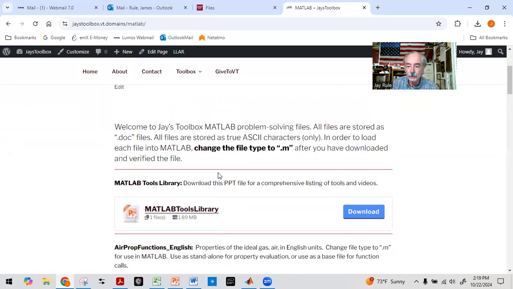Now, there is one little trick. I had to save these MATLAB files as file type .doc. It's the only way I could store or post them to my website. So once you download the file and open it in Notepad, you have to save as .m file type in order to make it the MATLAB file type, so you can load it in MATLAB.